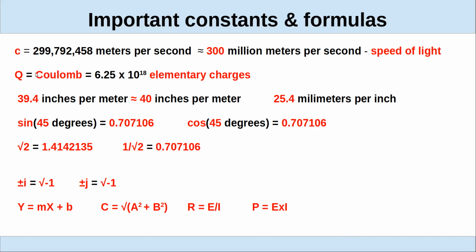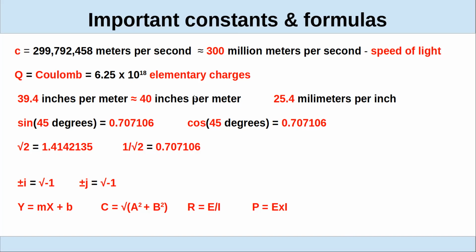The other thing that will come up is a coulomb, which is 6.25, rounded, times 10 to the 18, I believe that's a billion billion, elementary charges. An elementary charge is the amount of charge you see on an electron or a proton.